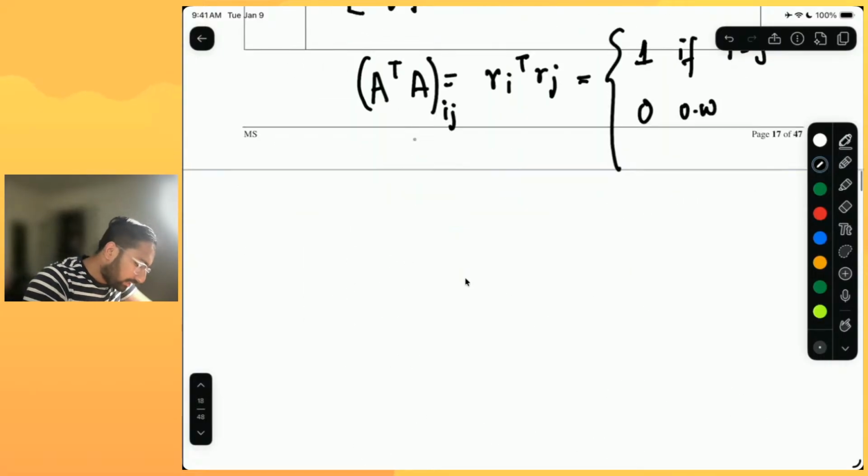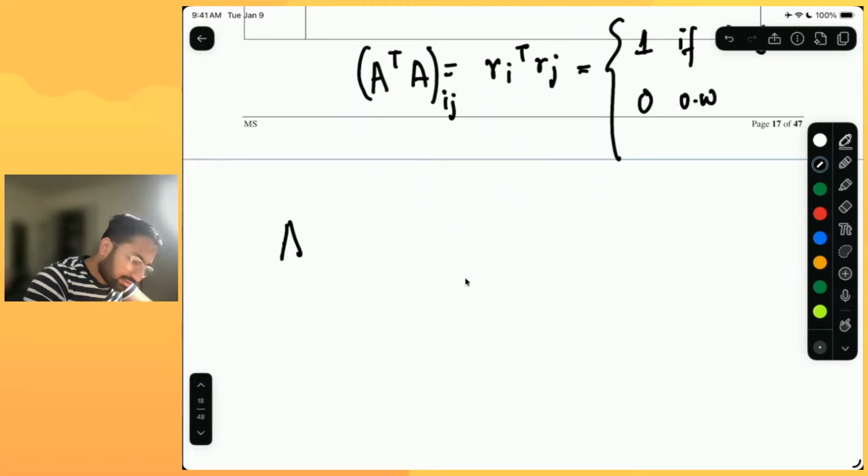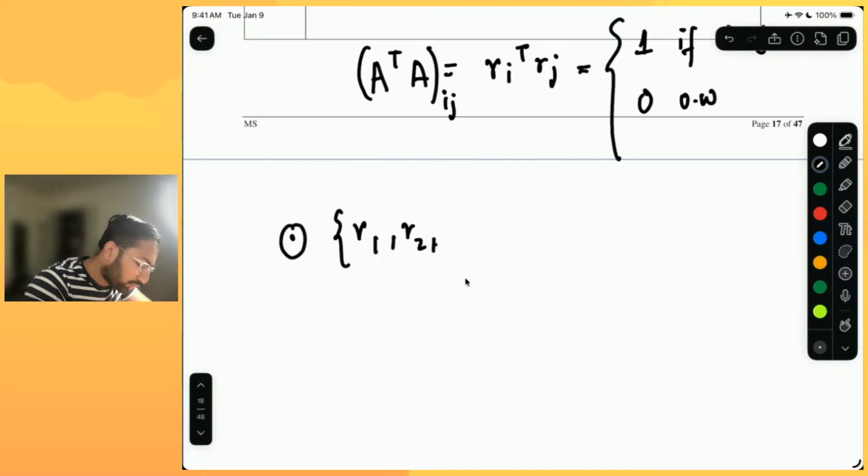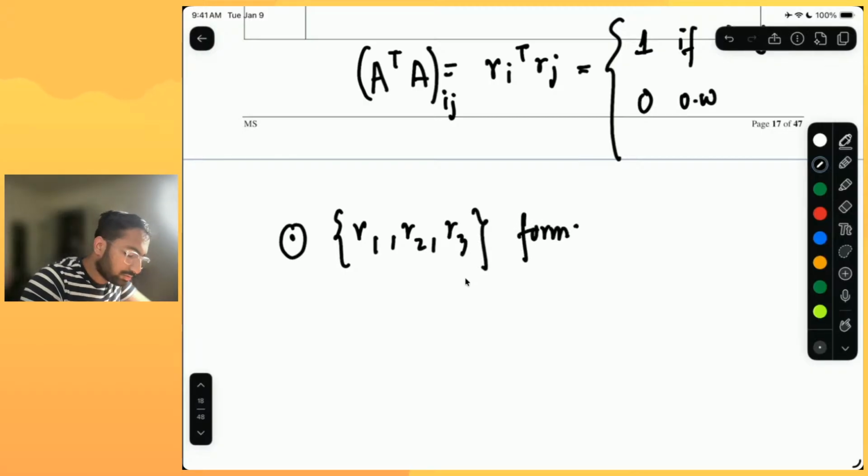Observe that it's equivalent to saying that the collection of the row vectors, there are 3 row vectors in this case, r1, r2, r3, forms an orthonormal basis. What does it mean? This forms an orthonormal basis.